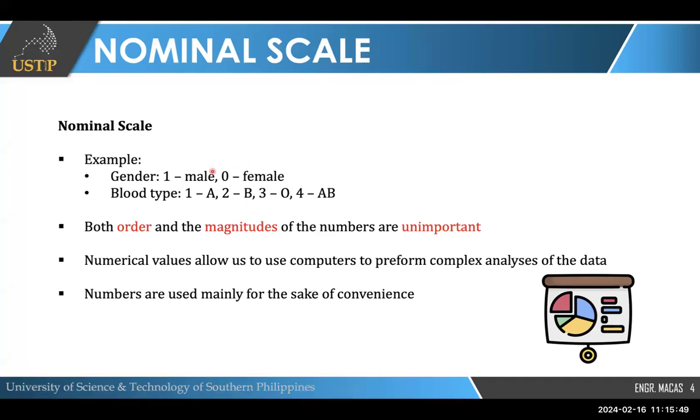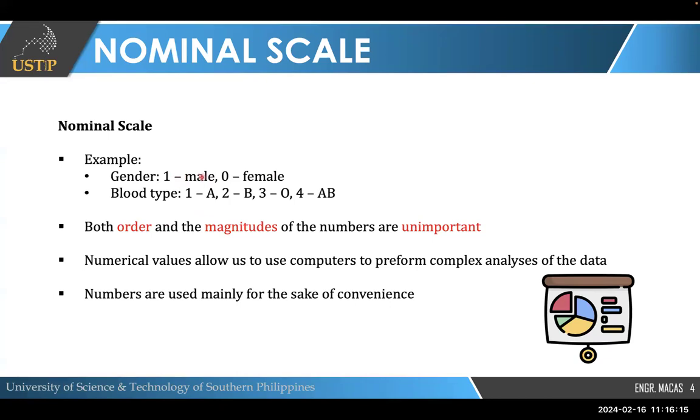So easier siya to manipulate sa computer if gusto i-analyze, as opposed to having male o female nga word sa imuhang pag-input sa imuhang data. But again, the order and the magnitude of the numbers are both unimportant. Okay? So meaning class numbers are just used for the sake of convenience. Example, taas kay imuhang name sa imong category.